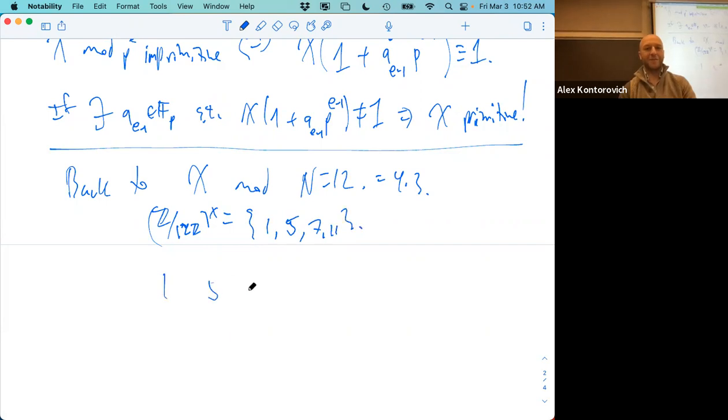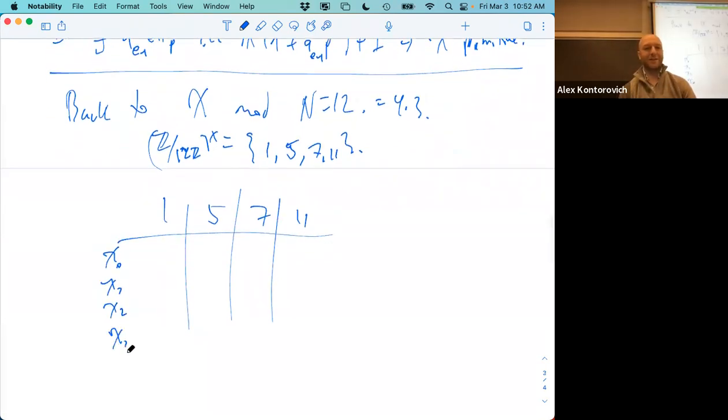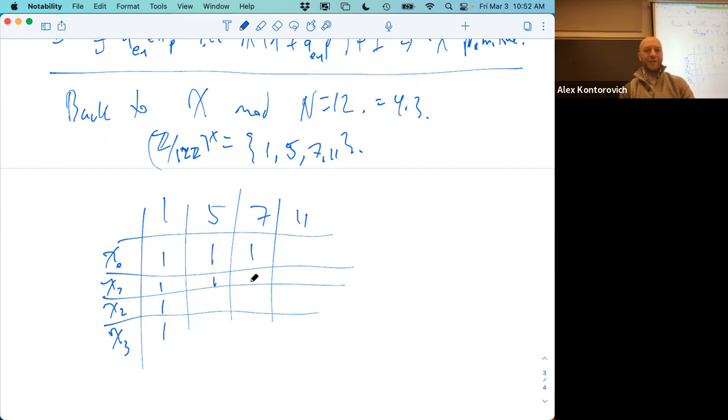These were the values 1, 5, 7, 11, and then we had the characters chi0, chi1, chi2, chi3. At 1, they're always 1, and then we have our choices. We can make 5 and 7 be 1 and 1, 1 and -1, -1 and 1, or -1 and -1, and then 11 is the product of 5 and 7. I'm just reminding you how we got this table.